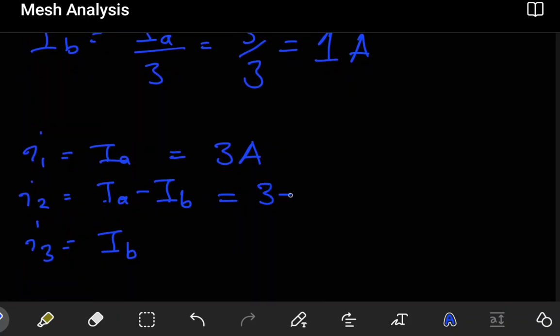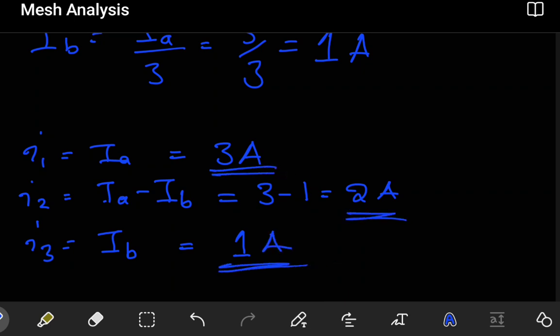IA is 3, IB is 1, so this is 2 amps. Then our I3 is IB, which is 1 amp. So these are our answers. Having found the currents, you can easily multiply them, take them back to the expression, and determine what the voltages are going to be. All right, so this is mesh analysis in its basic terms.